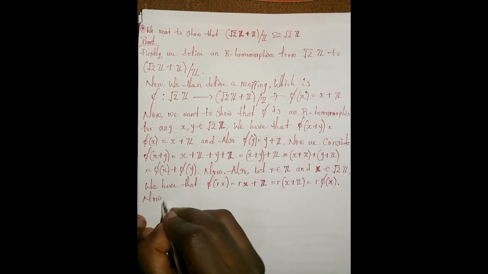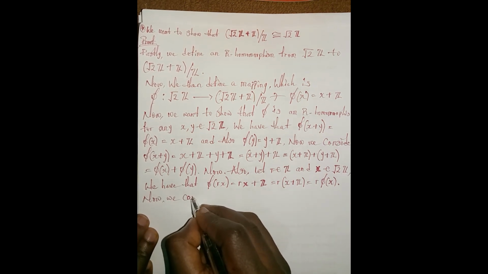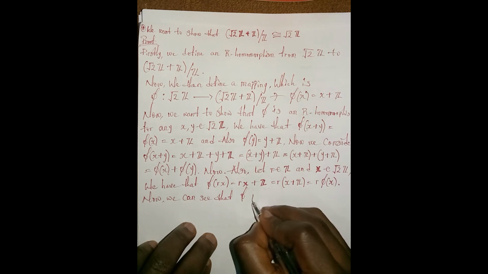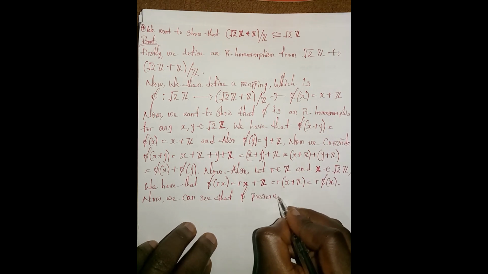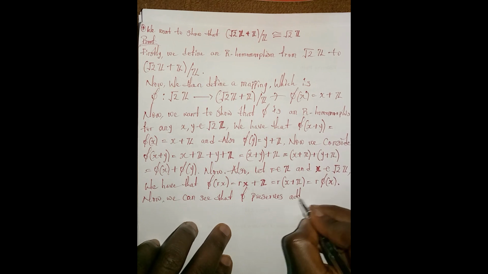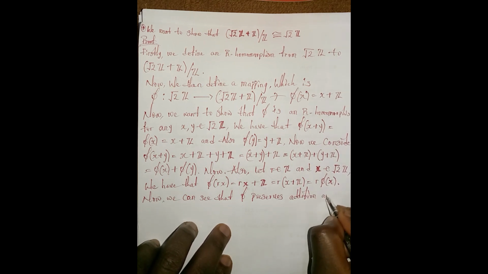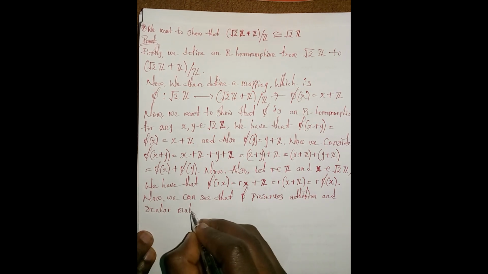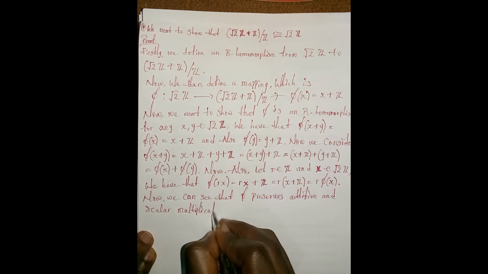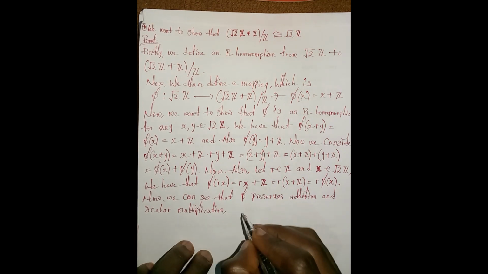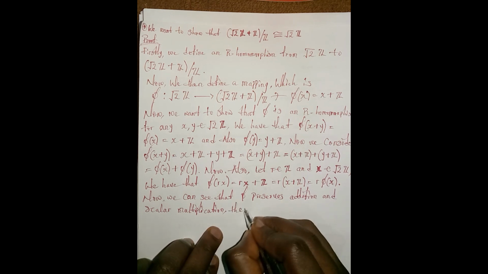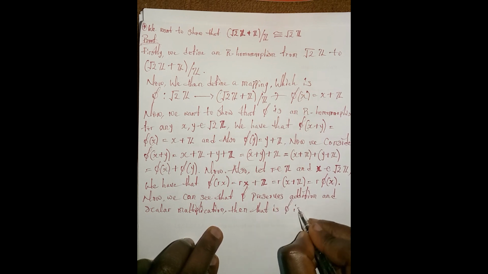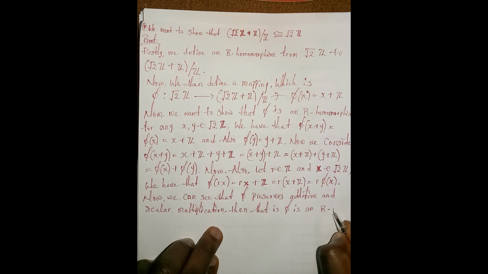Now we can see that phi preserves addition and scalar multiplication. Then that is, phi is an R module.